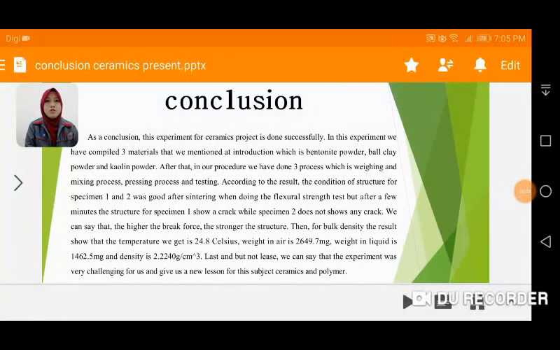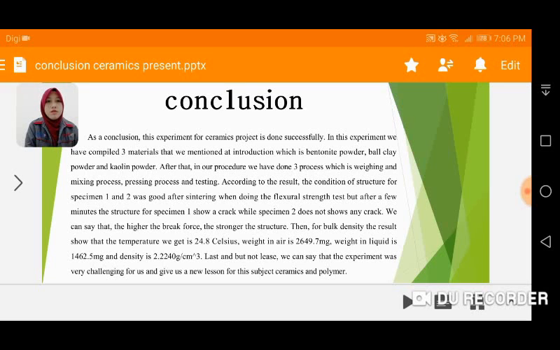Okay, for the conclusion, this experiment for the ceramic project is done successfully. In this experiment, we have compiled 3 materials that we mentioned in the introduction, which are bentonite powder, ball clay powder and kaolin powder. After that, in our procedure, we have done 3 processes, which are wedging and mixing, pressing, and testing.